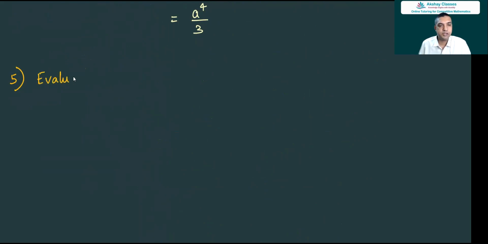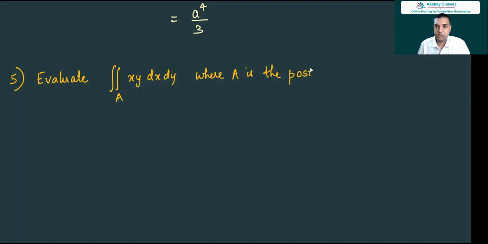Evaluate the double integral xy dx dy over A, where A is the positive quadrant of the circle x square plus y square is equal to a square.